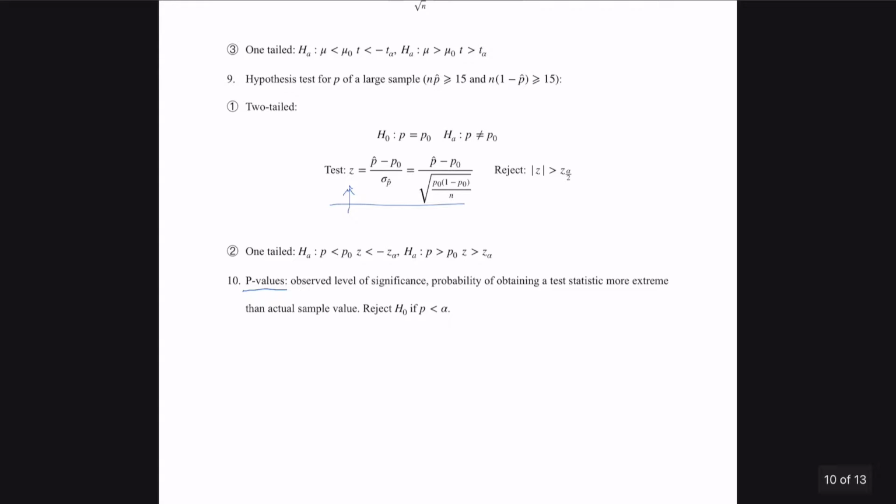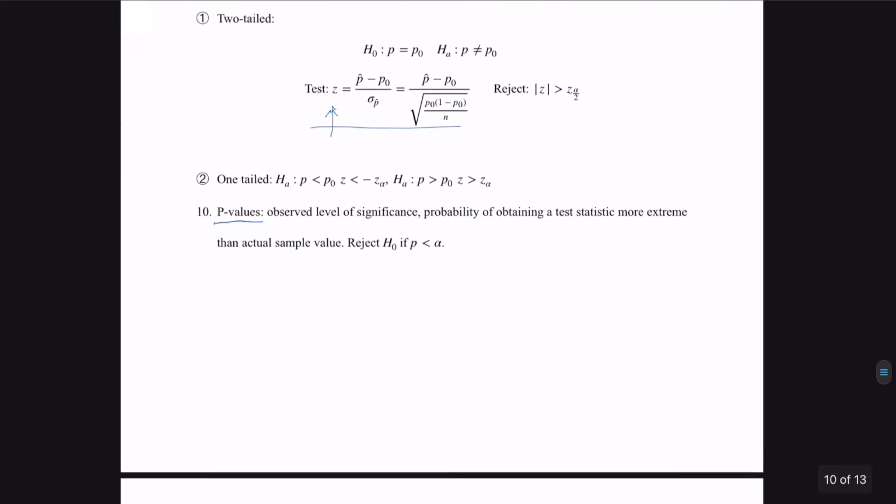However, p-value is just like, eventually you will have the same result when you're using z-score or p-value. P-value is more like a reverse engineering of z-score. It approaches the hypothesis test from a different angle, and I will explain it in detail here.